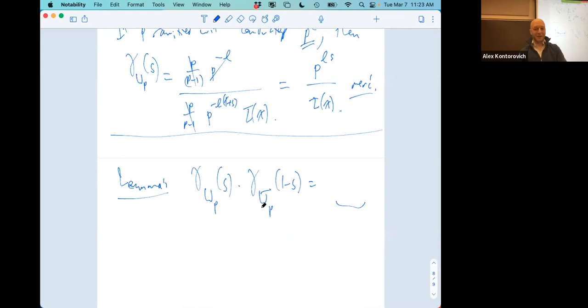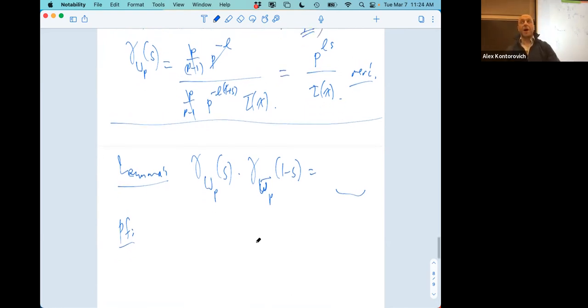Let's work out what that something is. Why are we doing this? Well, there's more. So the gamma itself has its own functional equation. I just want to make that observation. Right, it needs to. Yes, I mean, it will.